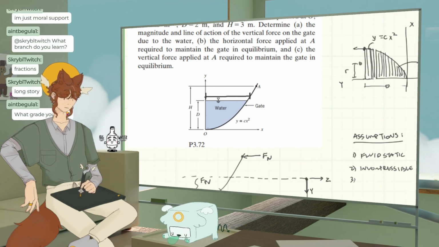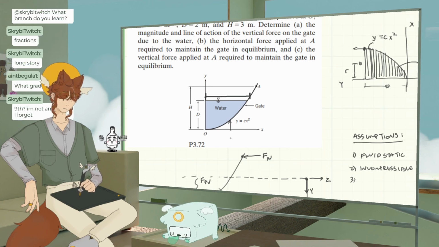Oh, I guess it would be 0 to cx squared? But it doesn't hit cx squared. If it was here, we'd hit cx squared. Oh, to infinity? No. Cx squared to d?